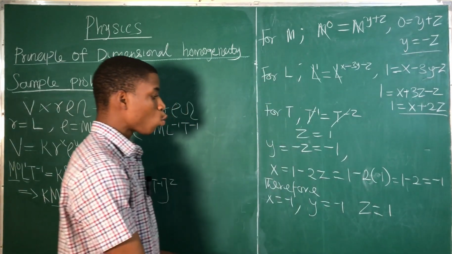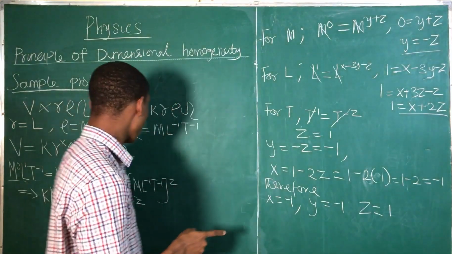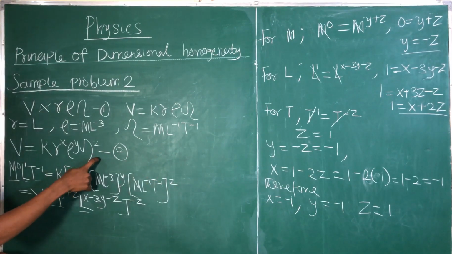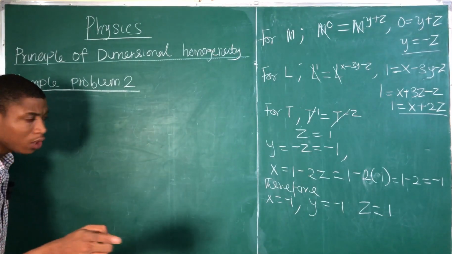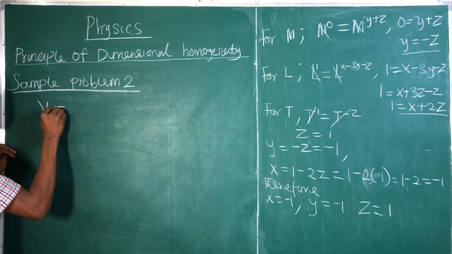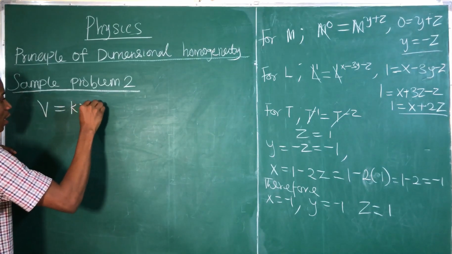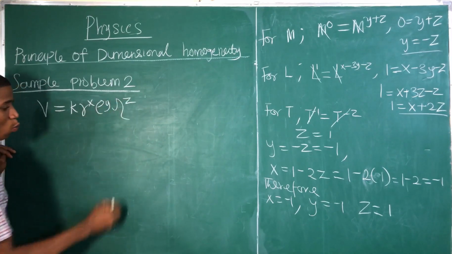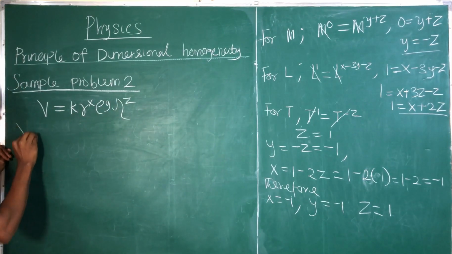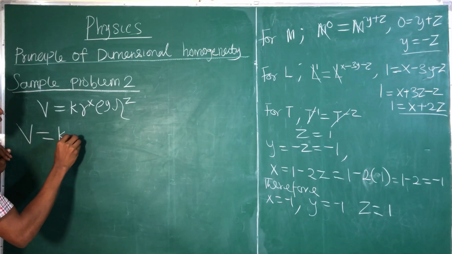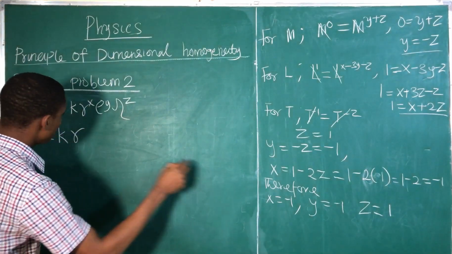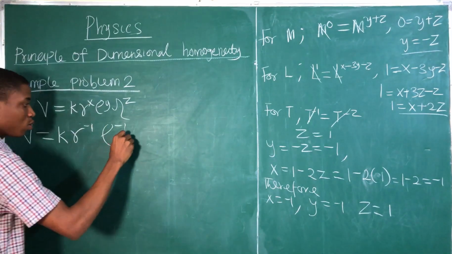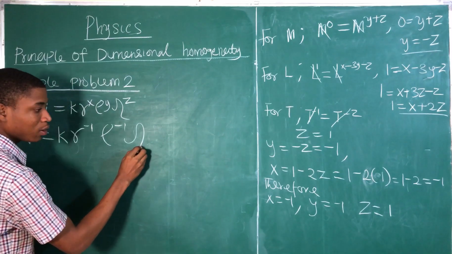So we are going to substitute these values into our equation 2. Initially, the velocity is equal to k, radius^x, density^y, and the coefficient of viscosity^z. Substituting, we have v equals k, radius to the power negative 1, density to the power negative 1, and coefficient of viscosity to the power 1.